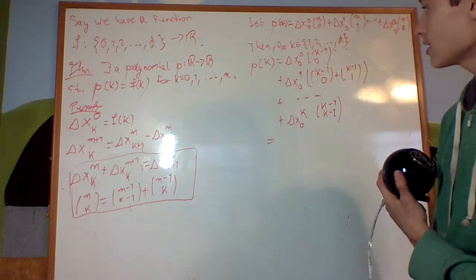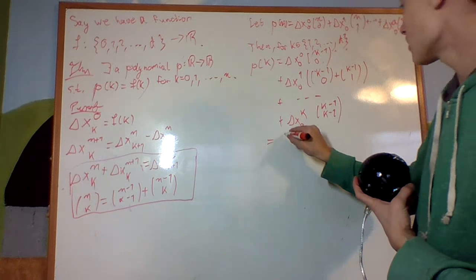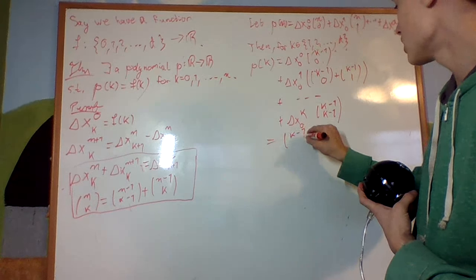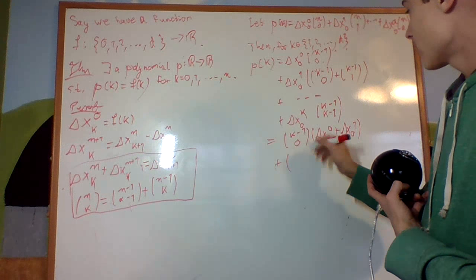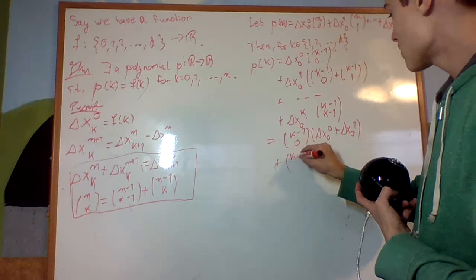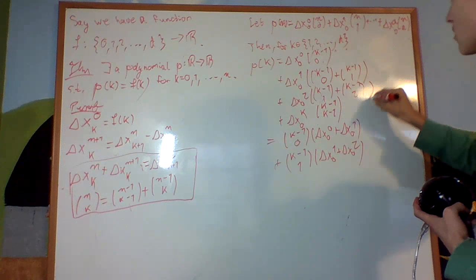Then, by factoring, I'm going to get k minus 1 choose 0 times delta x 0,0 plus delta x 0,1, plus, if you imagine, k minus 1 choose 1 times delta x 0,1 plus delta x 0,2. By bringing that one, I'll write the delta x 0,2 times k minus 1 choose 1 plus k minus 1 choose 2, right?